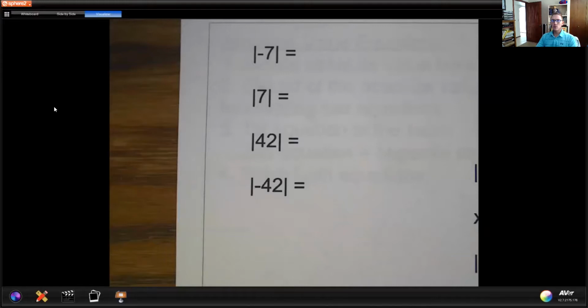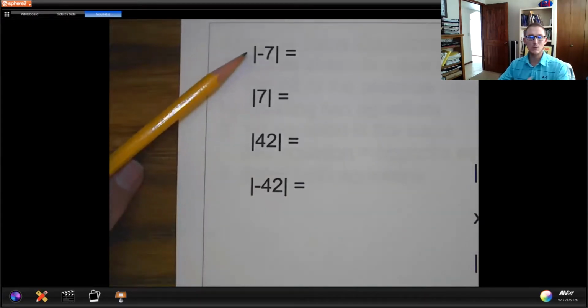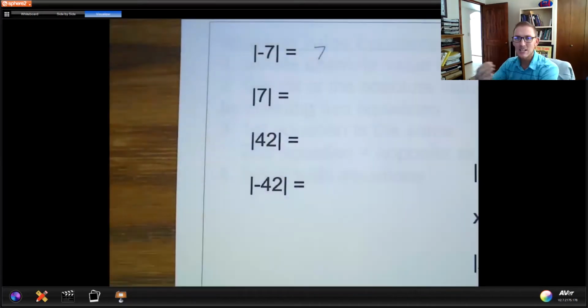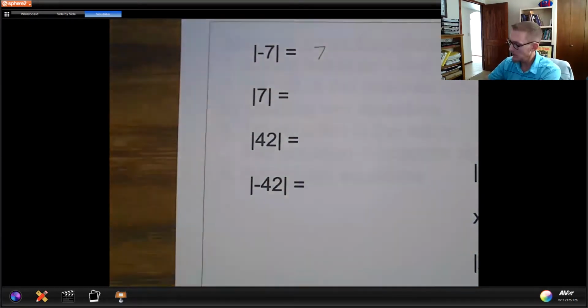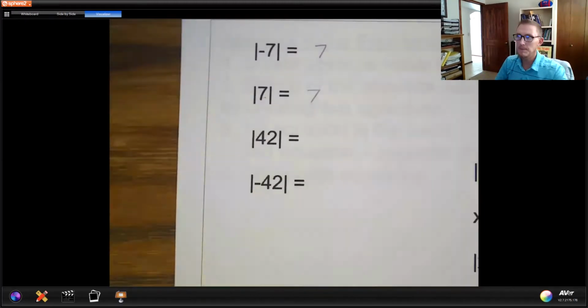The absolute value of -7 versus the absolute value of 7. Well, the absolute value of -7 is the distance from 0. How far is that? Well, -7 from 0 is 7. It's distance. Distance is always going to be positive. So the absolute value of 7 is also 7.